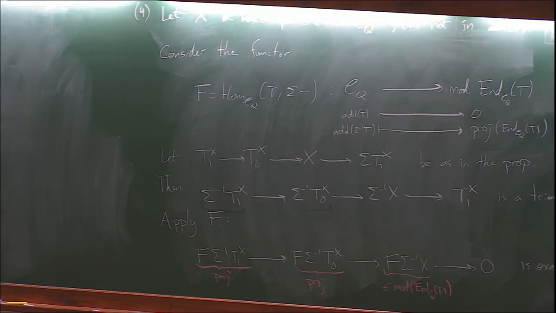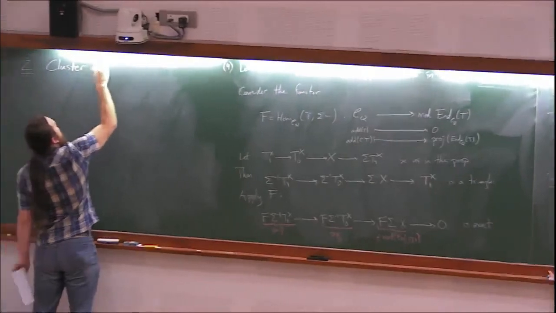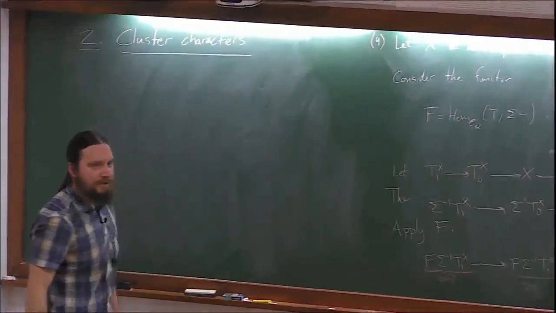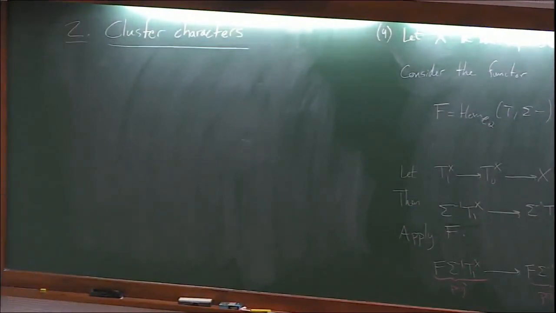So second section of this talk, we'll talk about cluster characters. Cluster characters have appeared already in different lectures, those of Laurent and those of Bernhard. So they will appear now in my series of lectures.